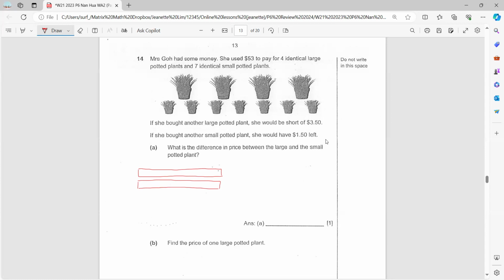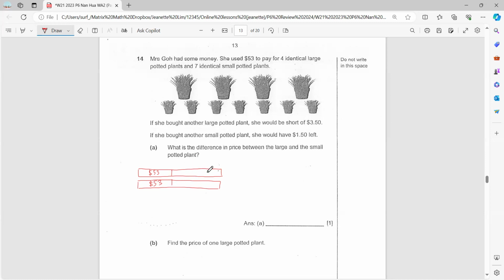Okay, so then she actually spent $53 already. So the top one represents the first scenario. Second one represents the second scenario. It doesn't mean that that's half. No. It's just what she had at first in both scenarios. Okay, so do not double it. We're just comparing what happened in each scenario.